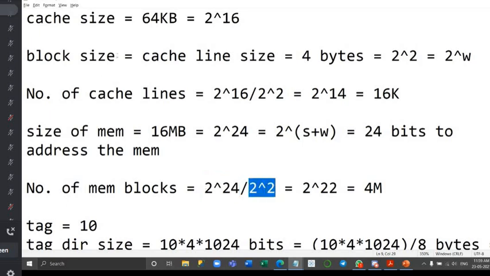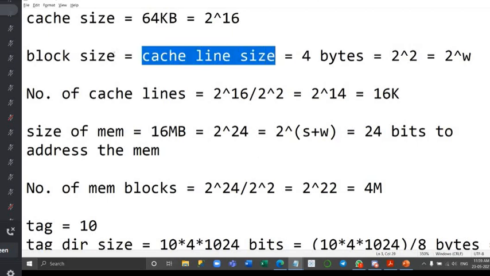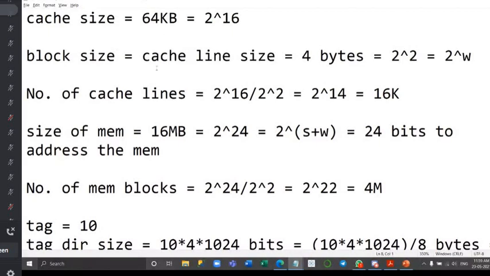Now we know that the memory block size is equivalent to the cache line size, because one block maps to one cache line. So if we divide the entire memory size by the size of each memory block, we get the total number of memory blocks. Understood.